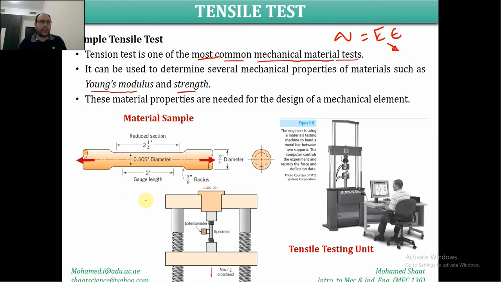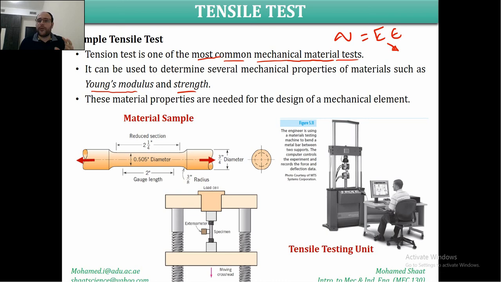For example, let us assume that we are interested in finding how much is the Young's modulus for a steel material. So we're going to cut, or form, or manufacture a sample. This is known as the material sample that is made of the same material that we are interested in finding its elastic modulus or its Young's modulus.